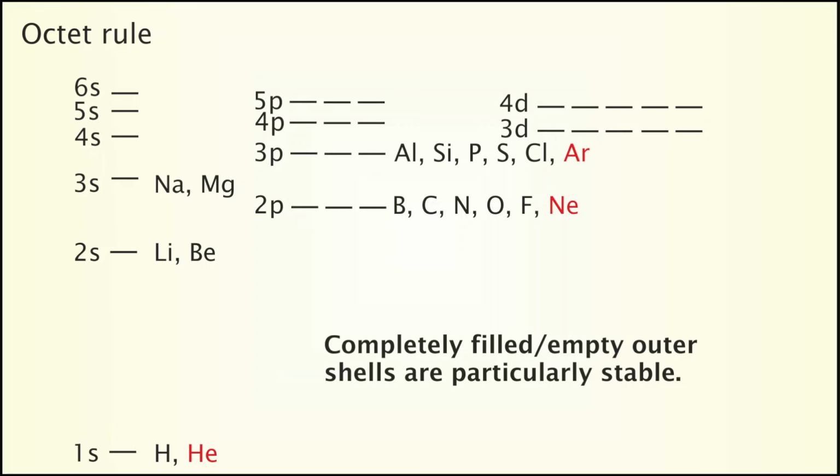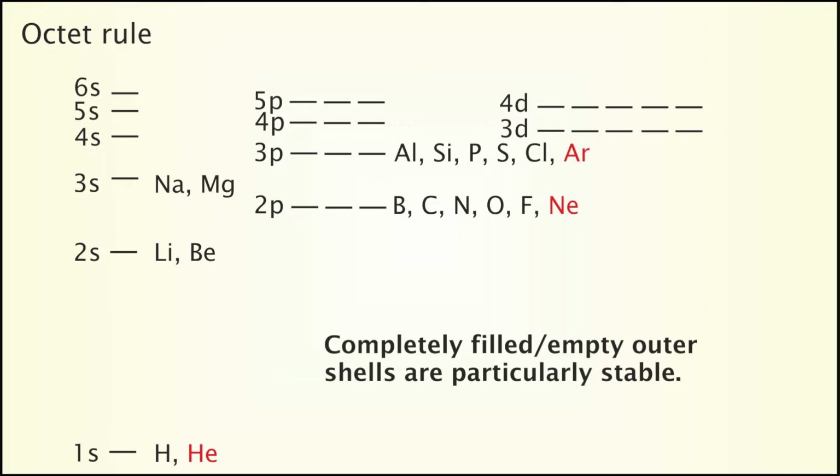This is an octet again, and this is a particularly stable configuration, and therefore these noble gases will not react easily with other elements. They are satisfied. They don't want further electrons in their shells, and they don't want to lose electrons as well. So they will not do many chemical reactions.